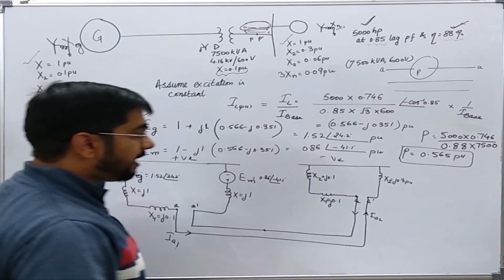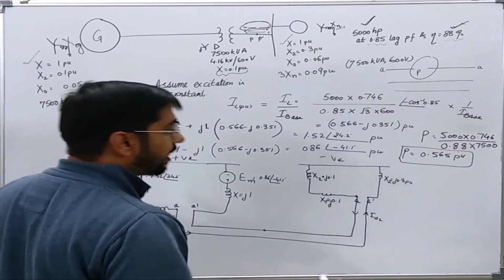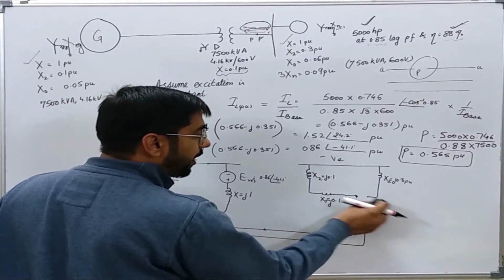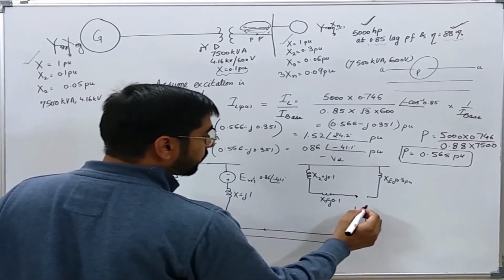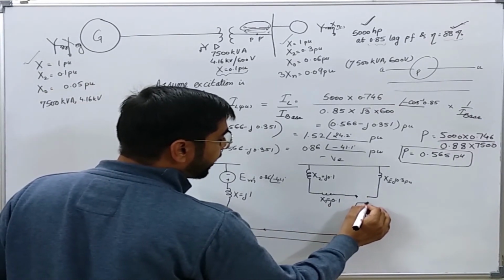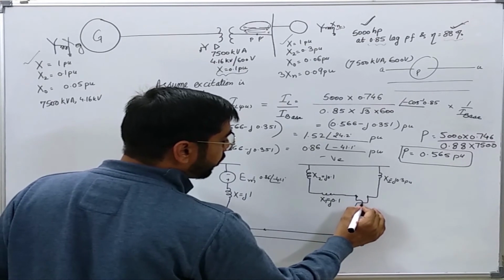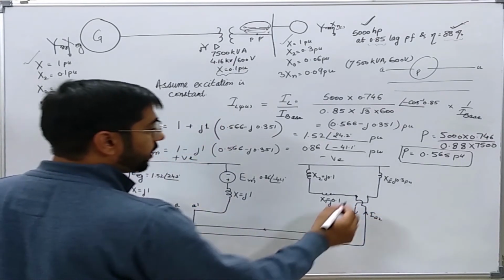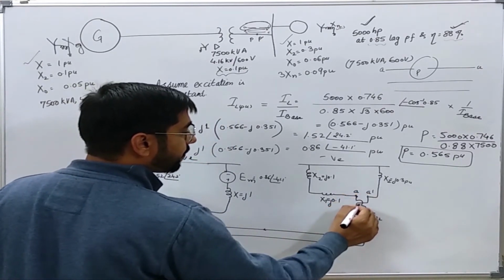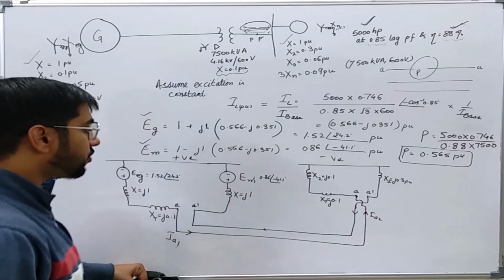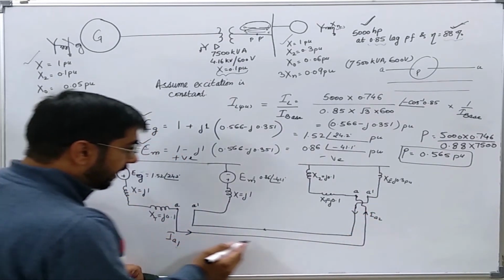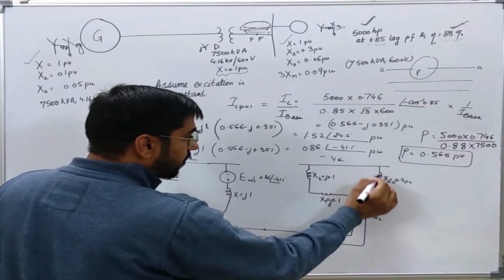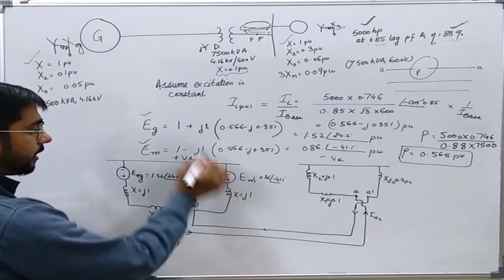So even if we were going to connect this in parallel, this would have been connected to this point and this would have been connected to this point only, and it will be A dash. Okay, so again current is going to enter like this, go and come like this.